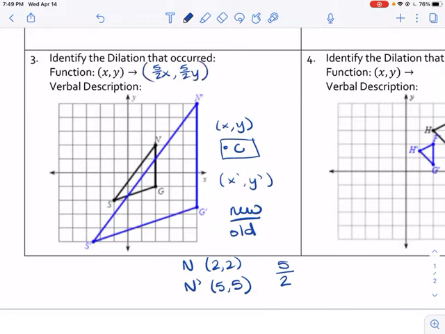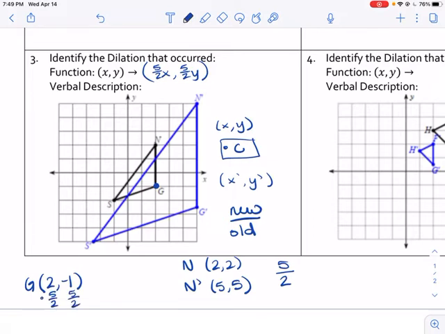Right. So you can check this by looking at other points. So these are all kind of in weird places, like they're in the middle of squares. So I'm going to take g and I'm going to multiply it by my scale factor, and see if I get g prime. So g is 2, negative 1. And I'm going to multiply it times 5 halves. So 2 times 5 halves and negative 1 times 5 halves.